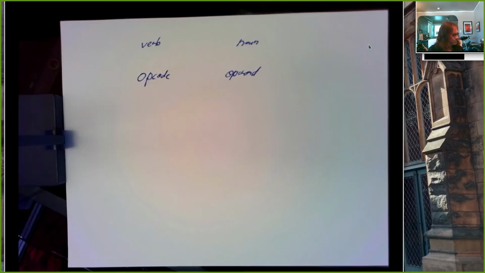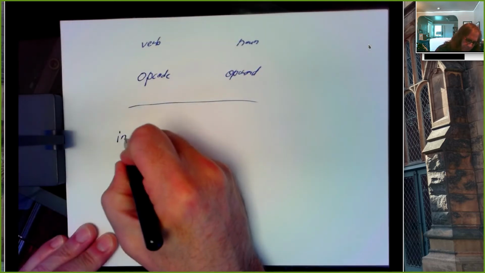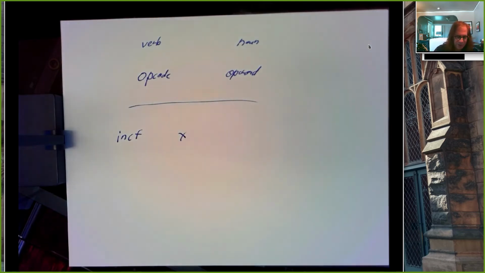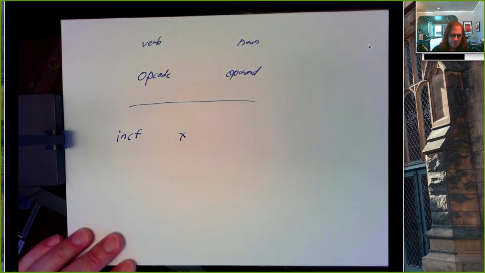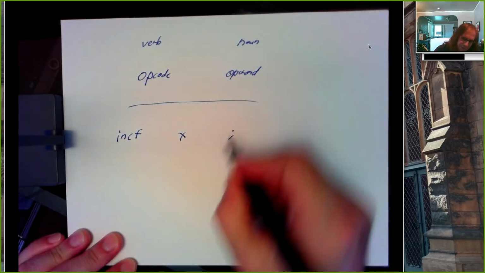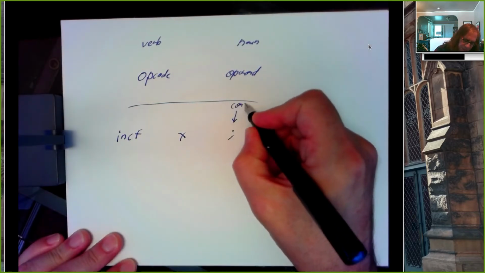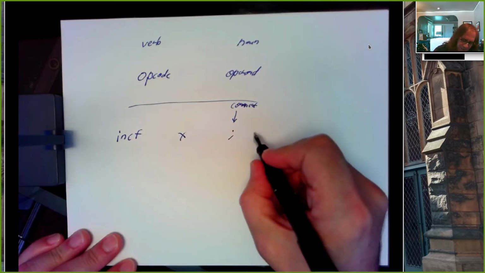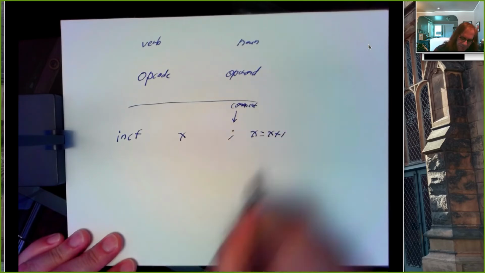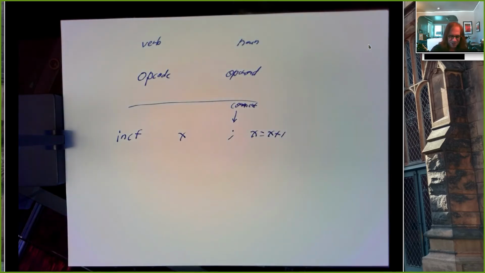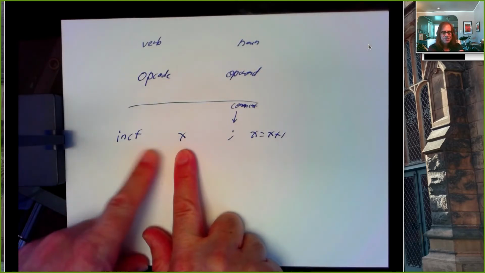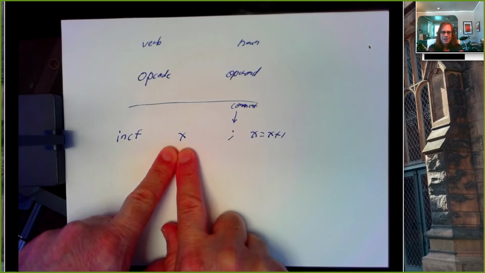The way this instruction works, I would write something like increment file register X. And increment means add 1. So I could put a comment; my comments begin with a semicolon. My comment might be x equals x plus 1. That's a horrible comment, but I'm putting it in for the sake of explaining this. So this is an assembly language instruction whose purpose is to take the value of this variable x and add 1 to it.